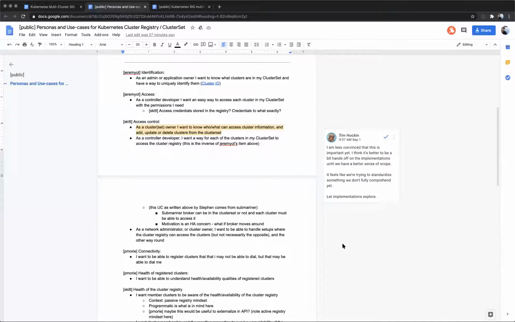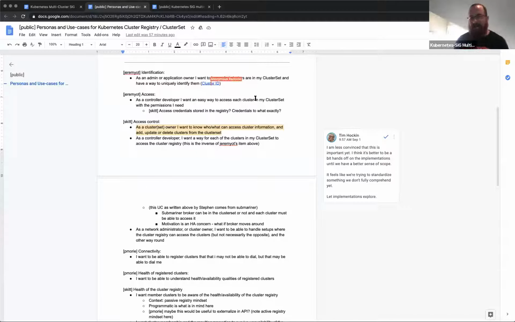Yeah. Like the first one I put down here, identification, seems pretty non-controversial, but if we actually dig into cluster ID, I think there's a lot there. Even just deciding how to identify a cluster: the simplest case is I have a unique name, but then how do we verify that the cluster with that name is in fact that cluster?